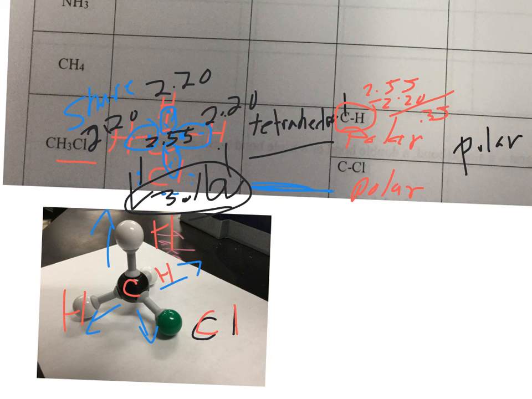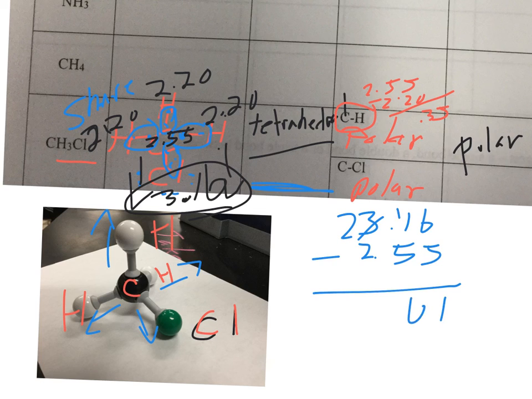And for the carbon and the chlorine, let me do this over here. The carbon is still 2.55, but the chlorine is 3.16. What is that going to give me? It's giving you a 0.61. So the fact that you don't have a zero force, that means it's polar because it's unequal.